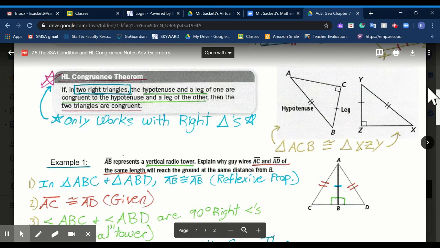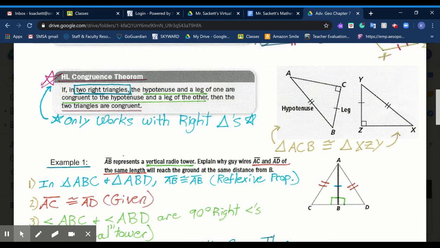So your longest side, always opposite 90 degrees, is the hypotenuse. What this theorem says is if in two right triangles, the hypotenuse and a leg of one are congruent to the hypotenuse and a leg of the other, then the two triangles are congruent.